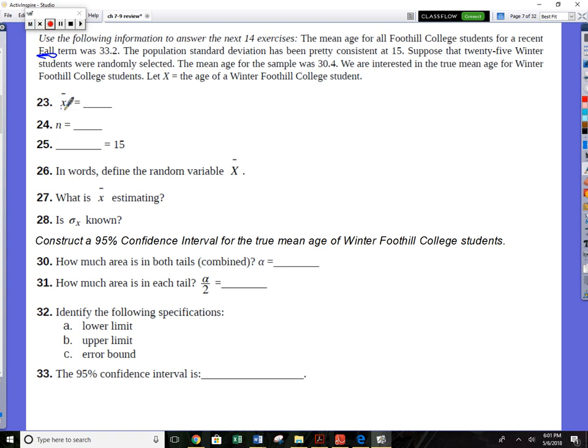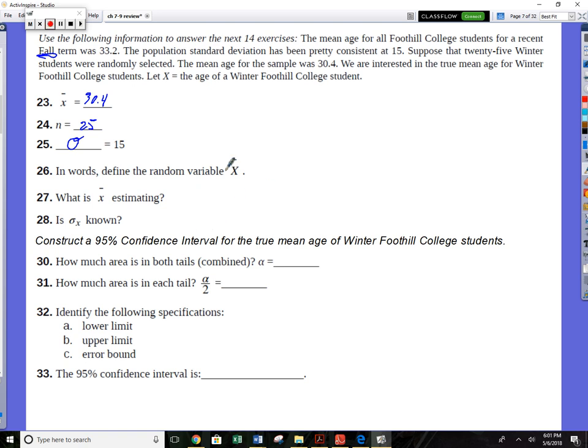Okay, so here we go. X bar is the average of the sample, so 30.4, and my sample size was 25, and what had a value of 15? The population standard deviation, so that's sigma. Sigma is 15.